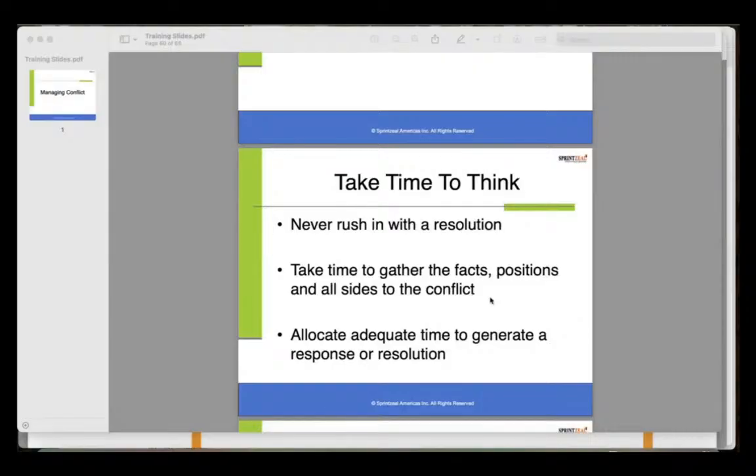Then take time to gather the facts, positions, and all sides to the conflict. This is a very elaborate approach in itself. When gathering the facts, you can use different types of tools.